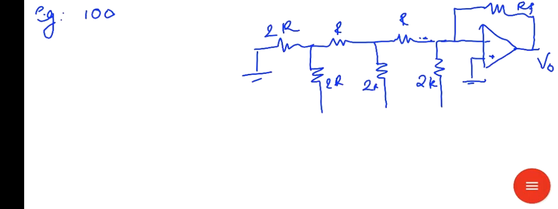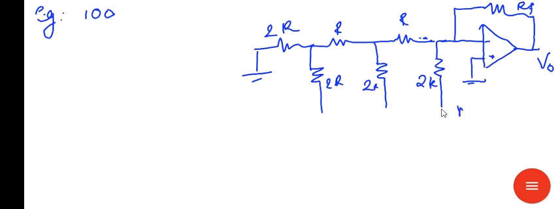This is the circuit diagram: the positive terminal is grounded and at the minus terminal a feedback resistance RF is connected. Starting with one parallel 2R resistance, this is for the MSB bit.